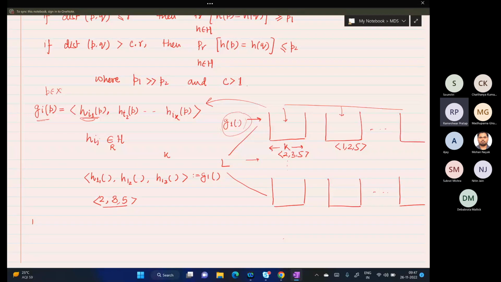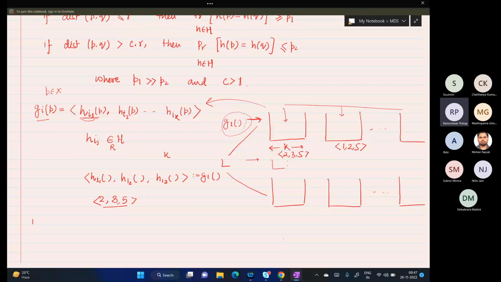So each Gi basically takes care of all the buckets in a particular row, and the specific value of Gi which we get after computing Gi for a certain data point maps it to that particular bucket in that given row, right?